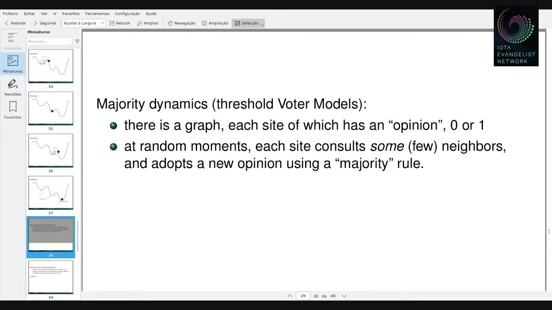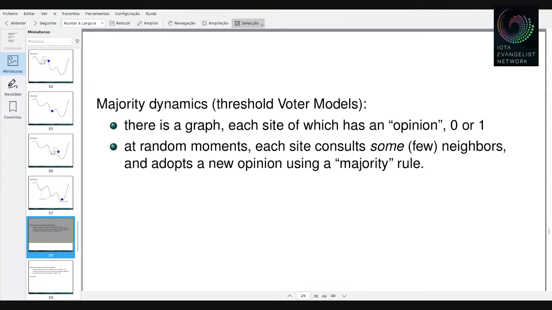You can think about this in the following way. By the way, it's called majority dynamics or threshold voter models in probability.